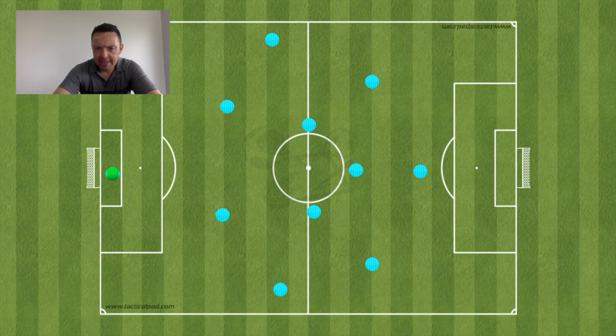Number 2 has a similar starting spot, and we're also then going to ask the centre-backs to do the same thing again, to split and to move the number 9.